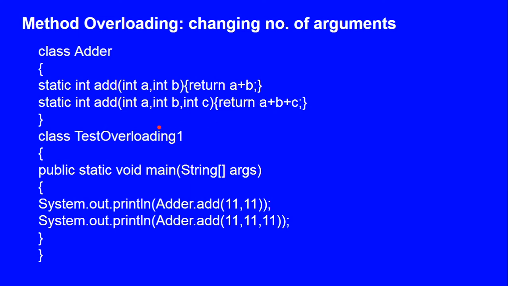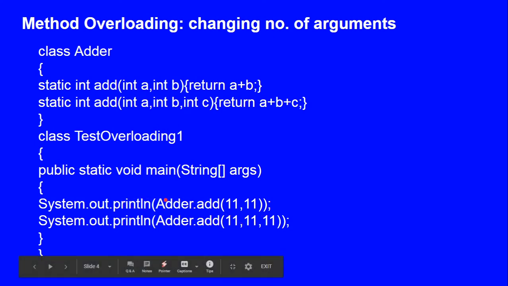Now let us see how it is overloaded and how the answer is got. Class TestOverloading1 is the main class. Public static void main, String args. What we are doing here is System.out.println adder.add(11,11). The next statement is System.out.println adder.add(11,11,11).